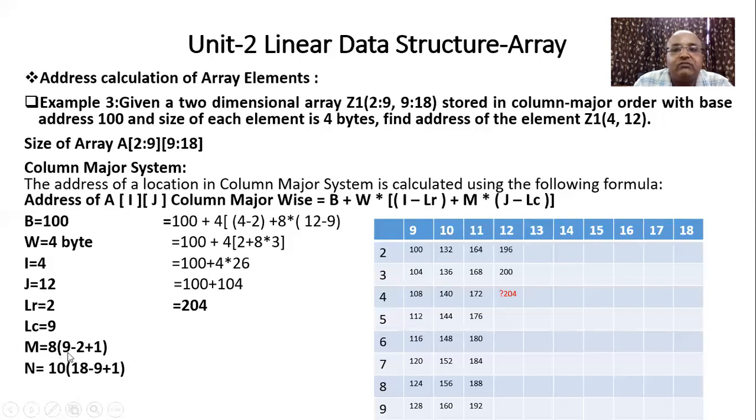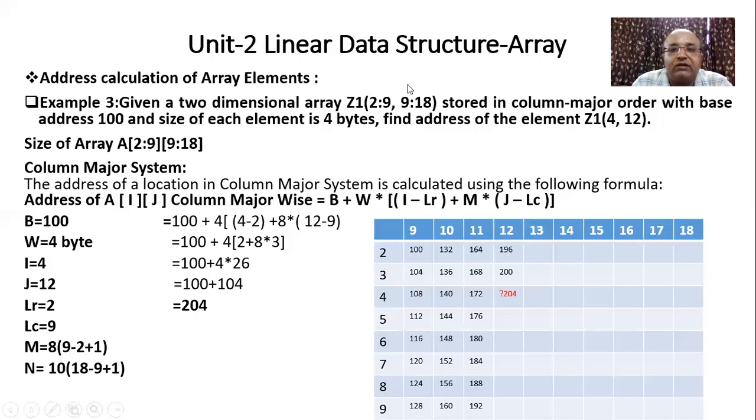You can also calculate like this. 9 is the upper index of a row, minus lower index. Upper index minus lower index plus 1. 9 minus 2 plus 1, that is equivalent to 8. Similar way, you can also find out the number of columns.